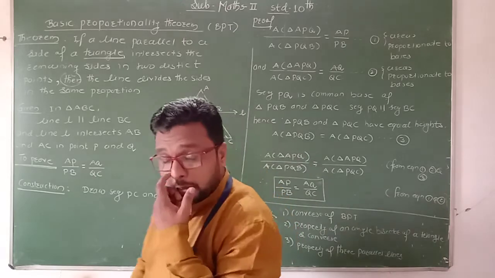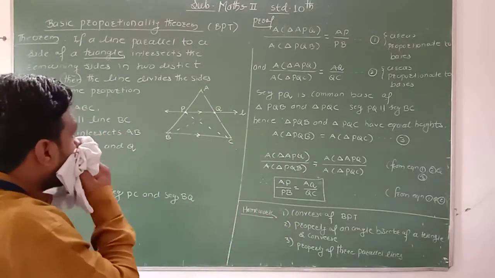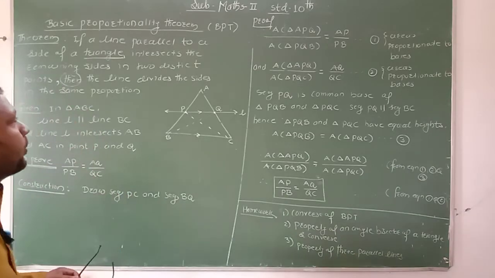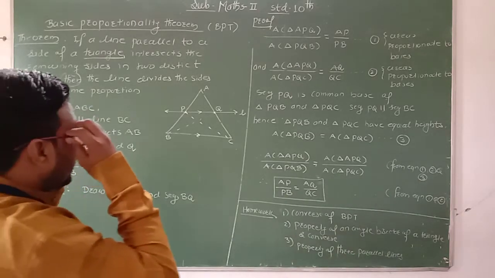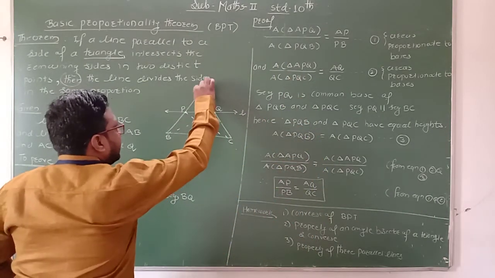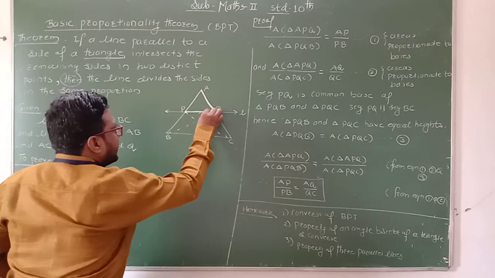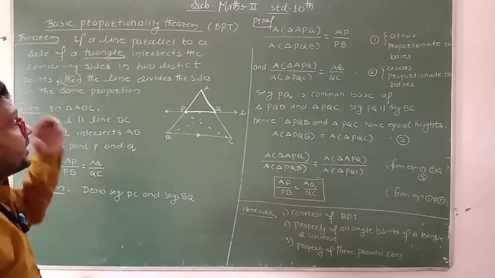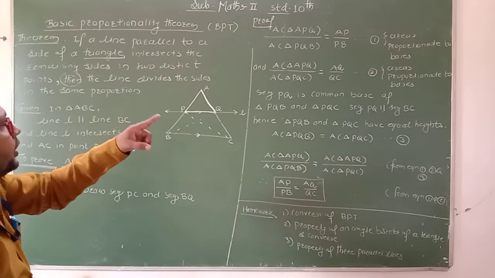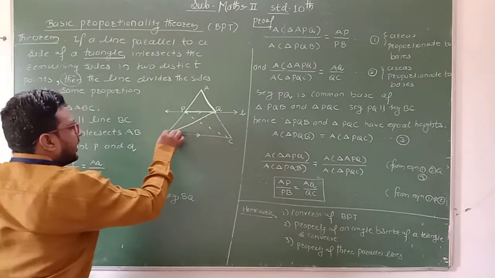Okay. Now what is the proof for this theorem? Here I take the ratio of area of two triangles. Area of triangle APQ. Now see the triangle APQ, that is A, P and Q. This is the small triangle. And which triangle? PQB, that is P, Q and B. This is another triangle.